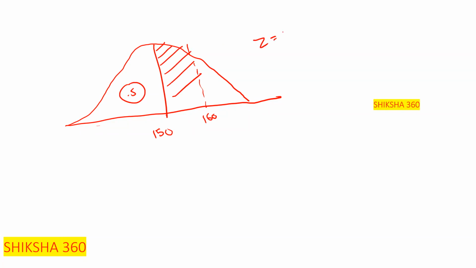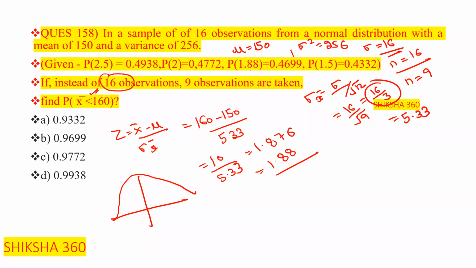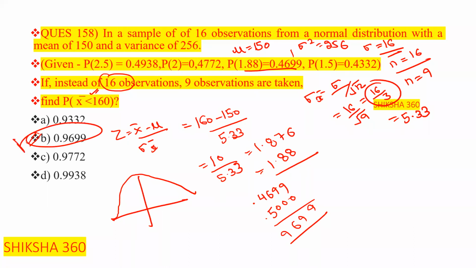Z is equal to 1.88. What is the value for 1.88? Check here, they have given 0.4699. Just add 0.5000, that gives 0.9699. So option B is the answer, 0.9699.